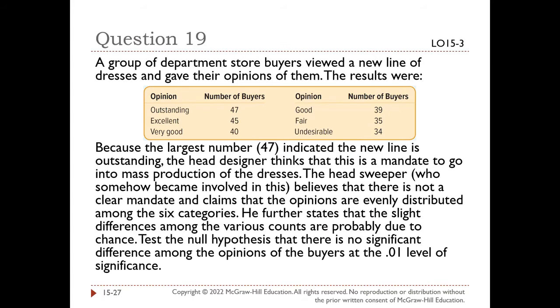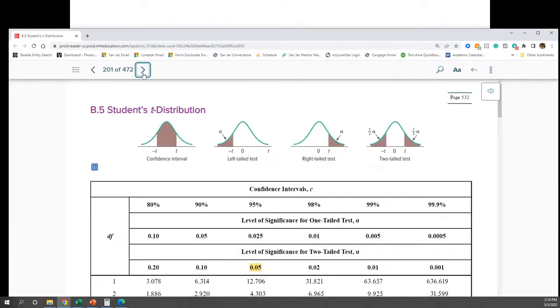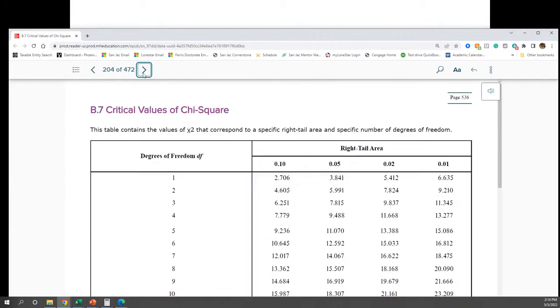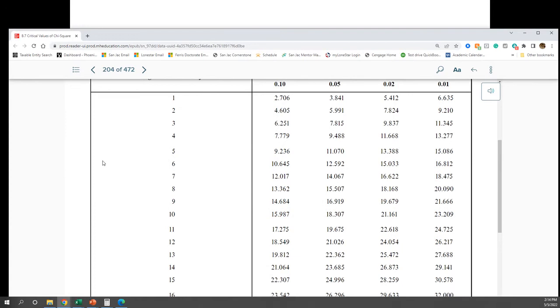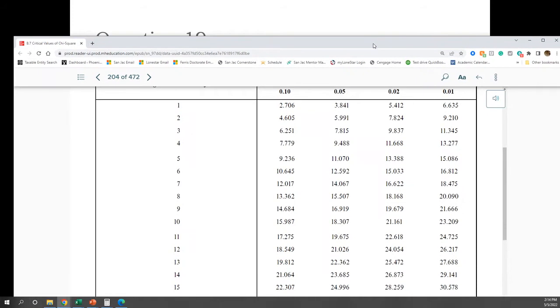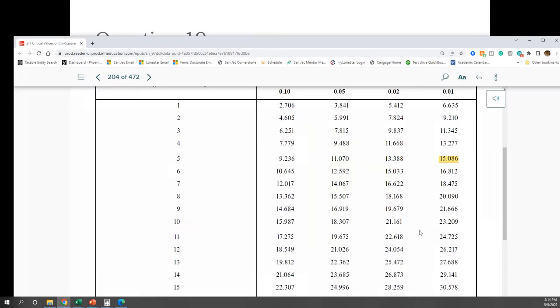So let's look at our chart. Here's our chi-square. So again, we're at 5, and we are using 0.01, so all the way over here, we'll look at 15.086. So we're going to reject the null if it's greater than 15.086.